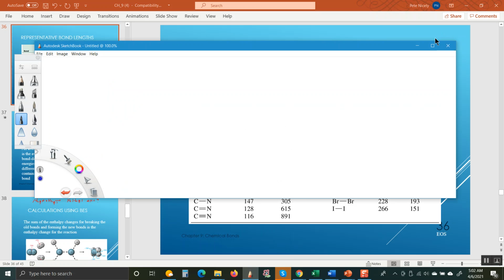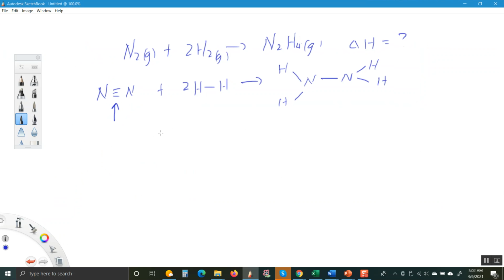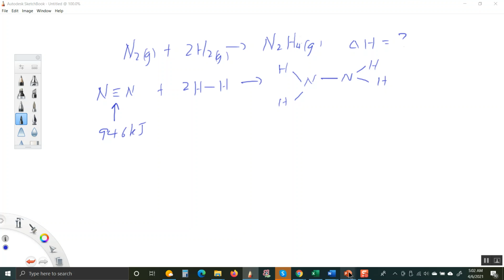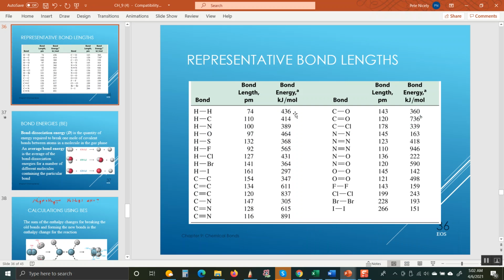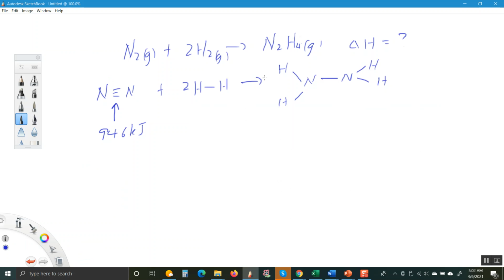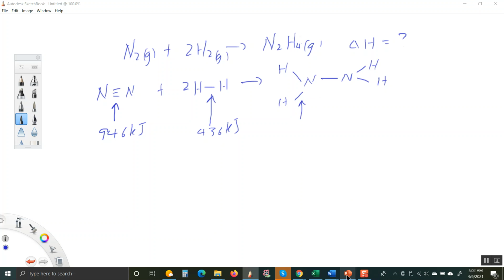So going back to this here, this would be 946 kilojoules, all right? In the case of the hydrogen to hydrogen bond, that's 436 kilojoules. So let me go back to here. So this would be 436 kilojoules, all right? Now, in the case of the nitrogen to hydrogen bond in the hydrazine molecule over here, you'll notice that there are four of them, right? So for each of them, go back to the table here.